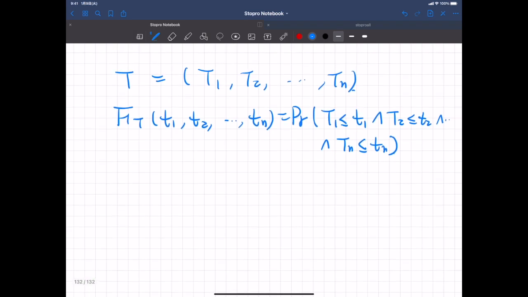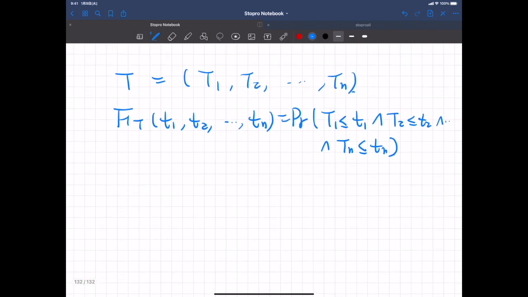From this, we can calculate the marginal distribution of each Ti, let's call it F of ti. So we integrate over all of t1, t2, up to tn, except for ti.